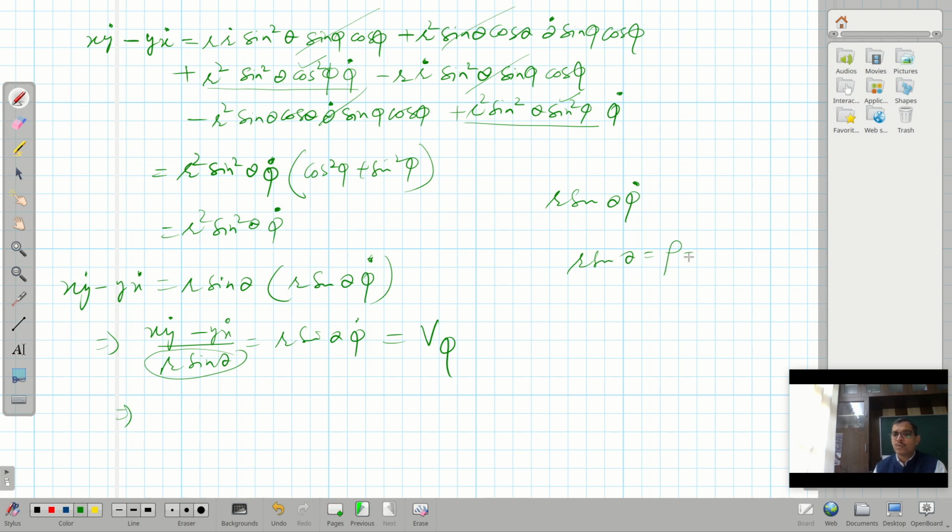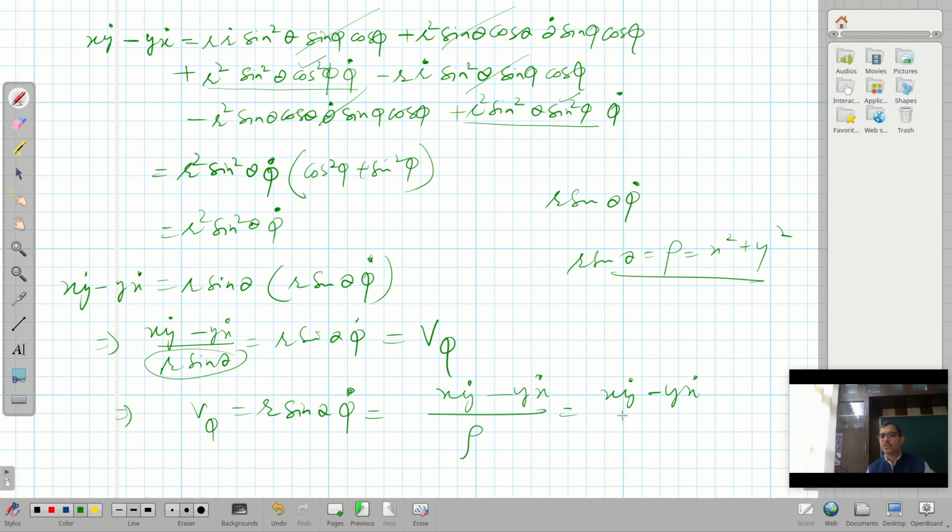R sine theta is rho, or you can call it the square root of x square plus y square. So therefore v phi is equal to r sine theta phi dot, which can be written as x y dot minus y x dot divided by rho, or x y dot minus y x dot divided by the square root of x square plus y square. So this is the third expression which we have derived. So thus we have written the spherical polar components of the velocity in terms of the Cartesian coordinates. So that's all for this lecture.